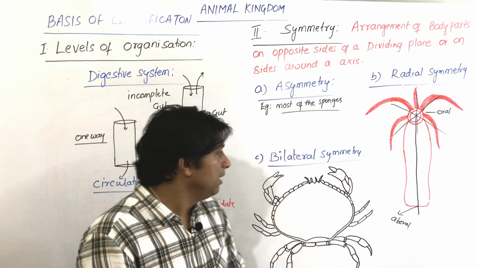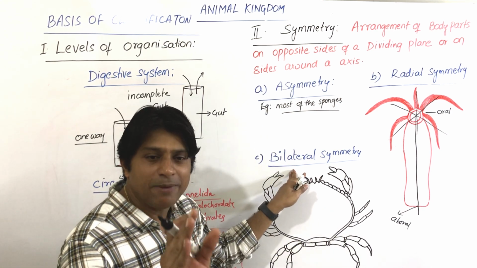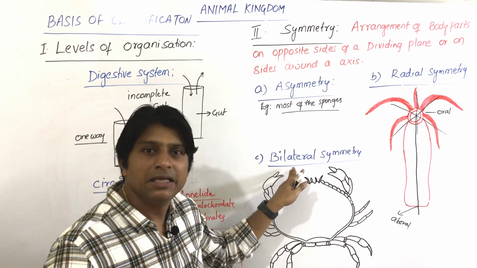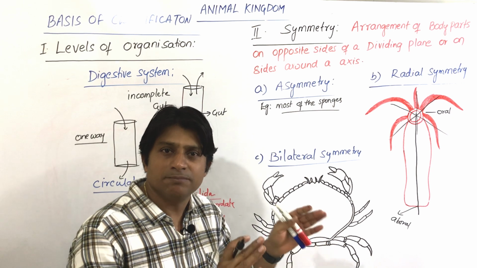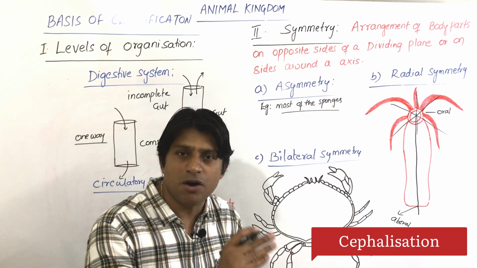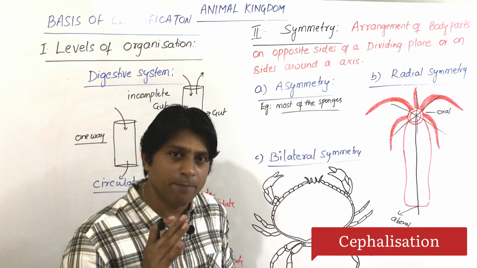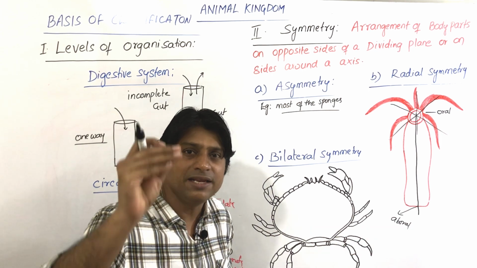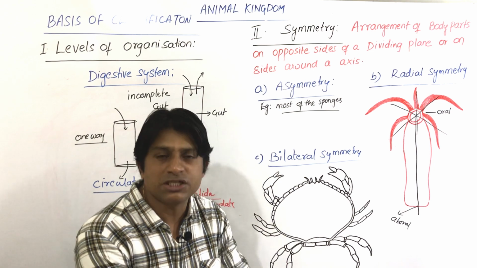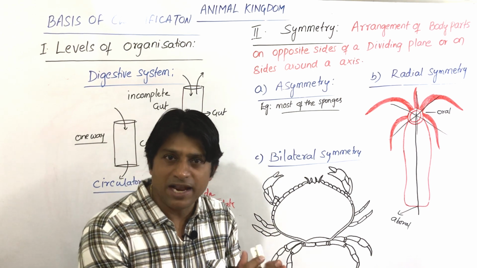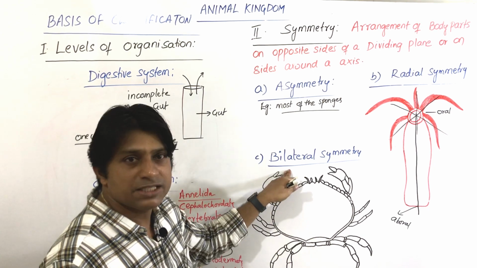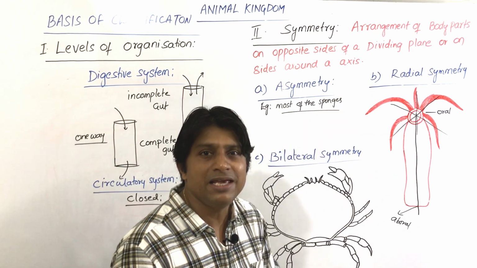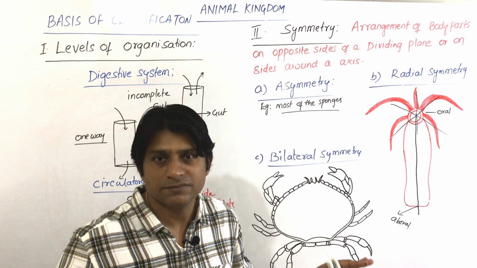The reason is, all these bilaterally symmetrical animals are well cephalized. Cephalization is a process in which development of sense organs and the nervous system occurs at the anterior end of the body. Because of this cephalization, bilaterally symmetrical animals are more advanced than animals of any other symmetry. Got it?